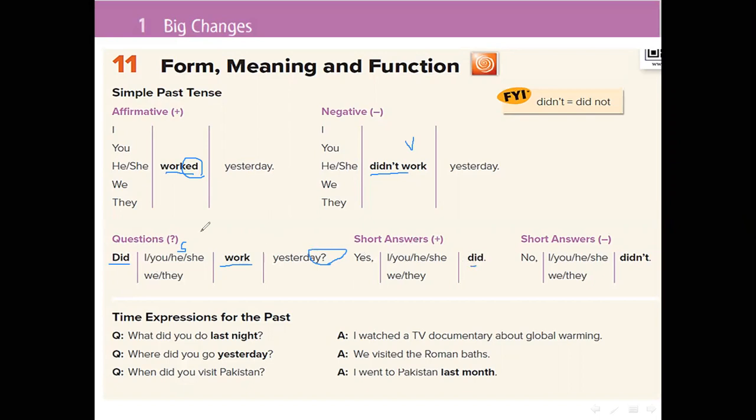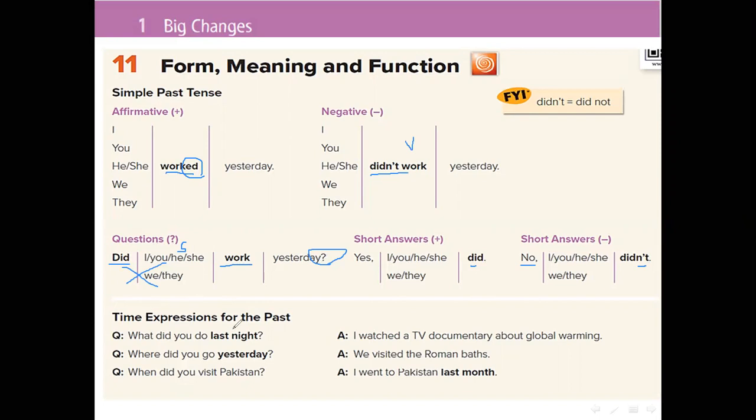Okay, we will change the order between the auxiliary verb and the subject. Yes, I did, or yes, they did. If we say no, we will say no, I didn't. We will add not. No, I didn't. No, he didn't. No, they didn't.